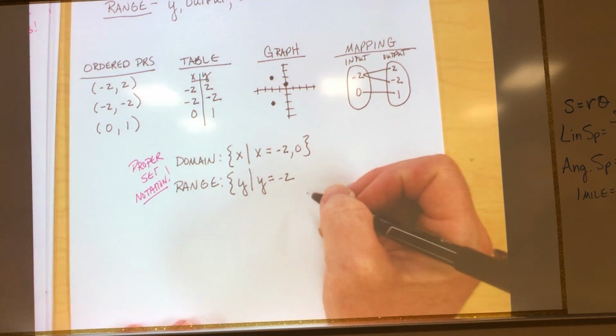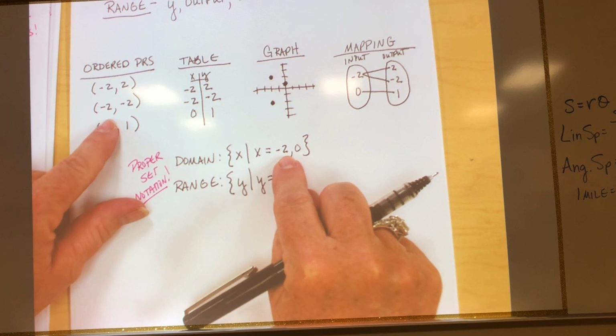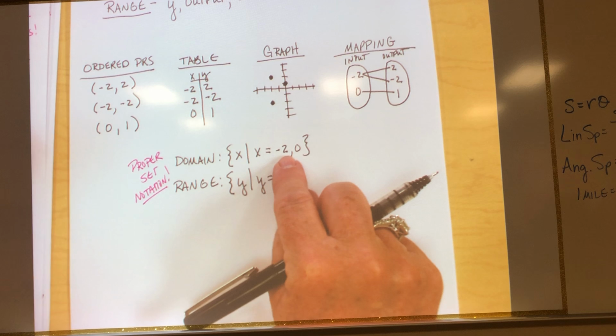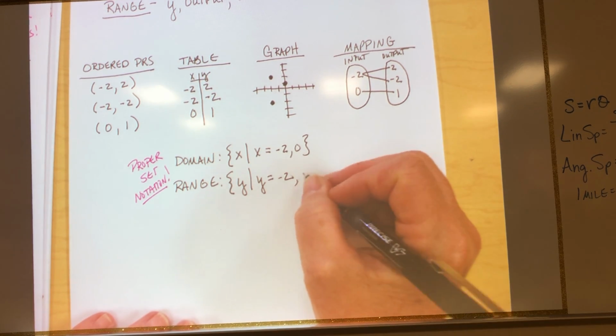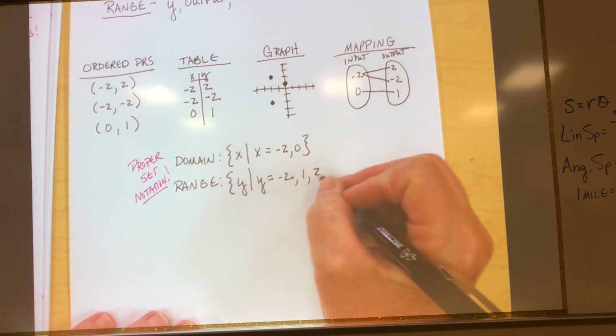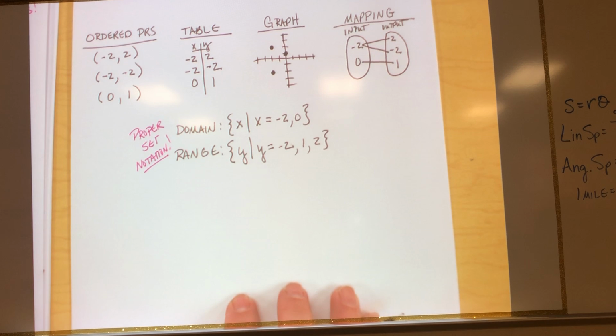Now, look up here. There were 2 -2s. Am I supposed to write both of them down? No, because that's redundant, right? That means you're doing it more than one time. That's silly. If I say -2 is a member of that set, then it is a member of that set, okay? So -2, what's next? 1, and what's next? 2. So there's my range. All right, is everybody okay?